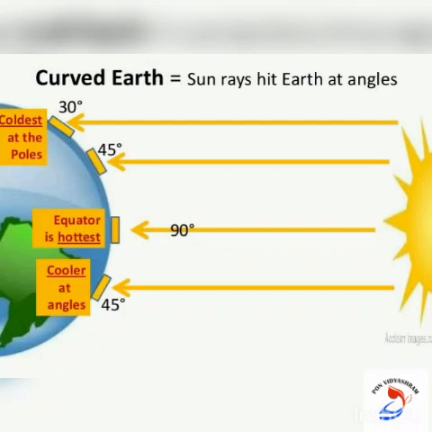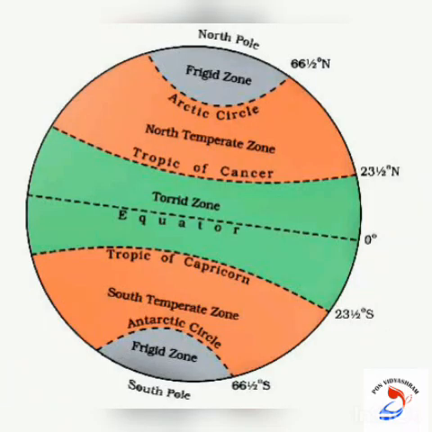In the northern hemisphere, the area between the Tropic of Cancer and the Arctic Circle is known as the North Temperate Zone. In the southern hemisphere, the area between the Tropic of Capricorn and the Antarctic Circle is known as the South Temperate Zone. The next one is the Frigid Zone.